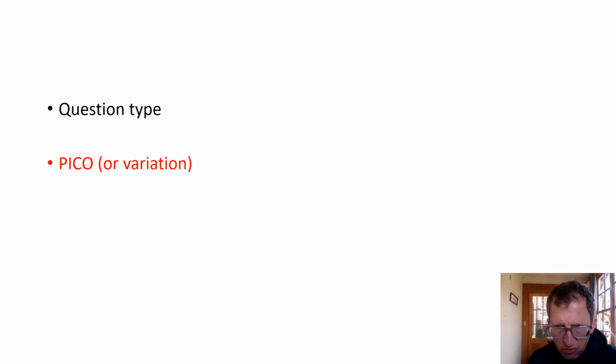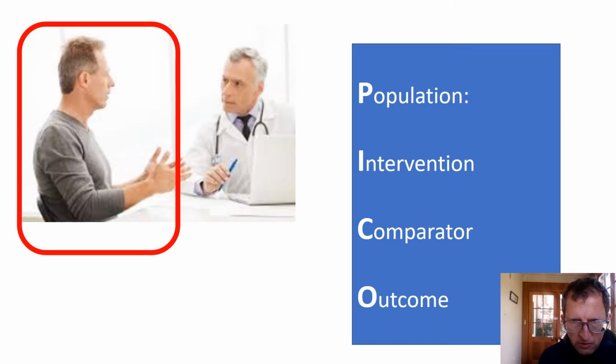We then went into the PICO more specifically, having worked out the question type or variation on PICO. And we talked about what that actually is. So PICO being population, intervention, comparator, outcome. So, you know, I had a bunch of women with first trimester vomiting and one asked me, could I give Phenergan, how would Phenergan compare with Maxolon in terms of treating vomiting?